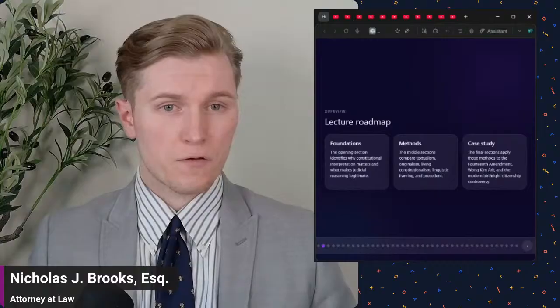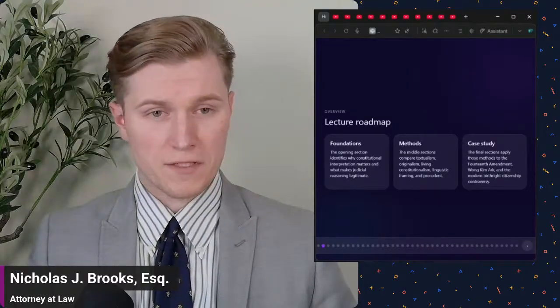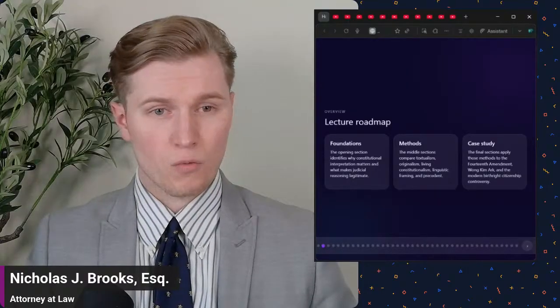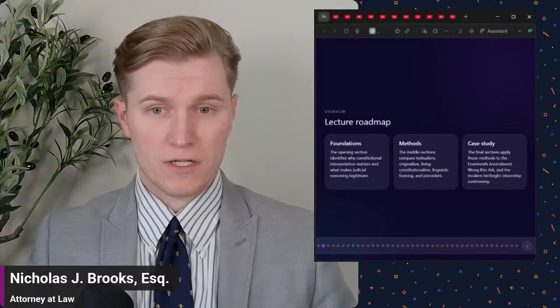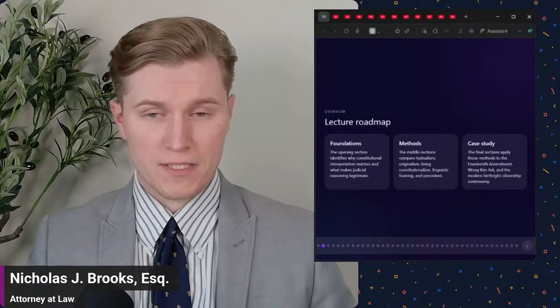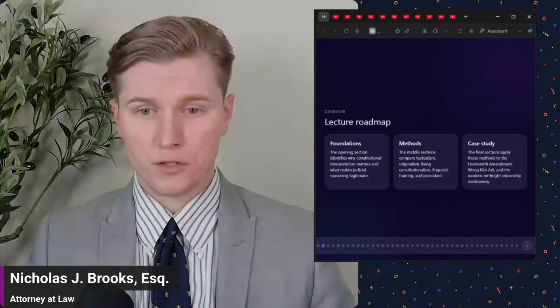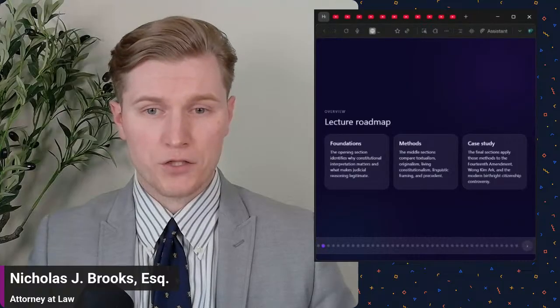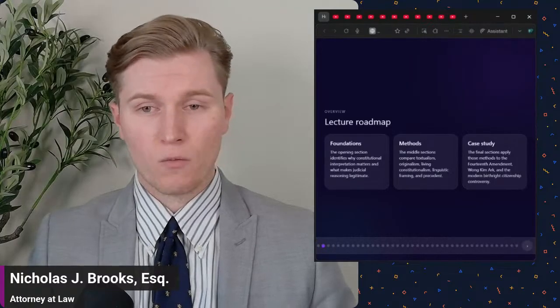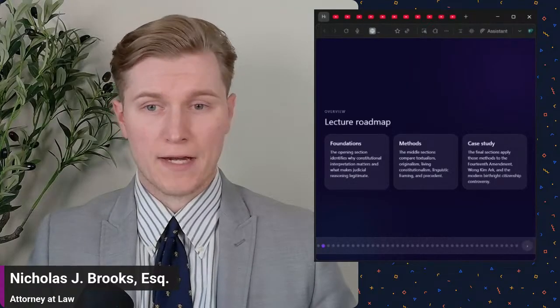So, first things first, let's start with the lecture roadmap. We're going to start with the foundations. In the opening section, we'll identify why constitutional interpretation matters and what makes judicial reasoning legitimate. Then we're going to move on to methods and how they apply.